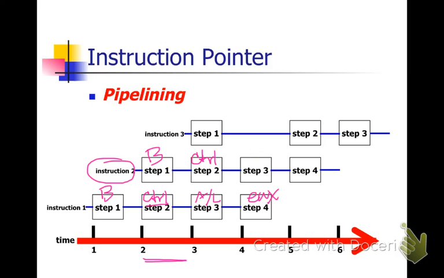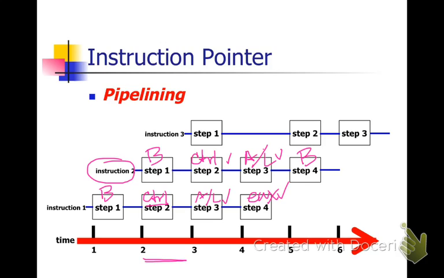Let's say we want to go to the ALU. And then maybe, again, back on the bus. So notice at each slice, different components are being used. So I can actually execute these.